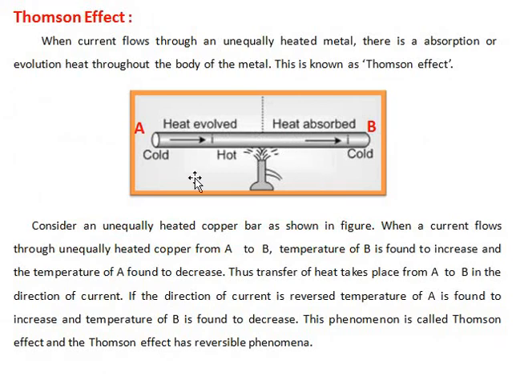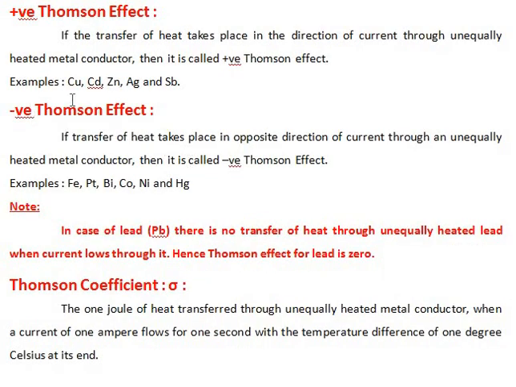So as we just learned, heat transfer takes place in the direction of current, that is from A to B, and this is called the positive Thomson effect. It is found in metals such as copper, Cd cadmium, Zn zinc, Ag silver, and Sb antimony. So in these metals we find the positive Thomson effect.